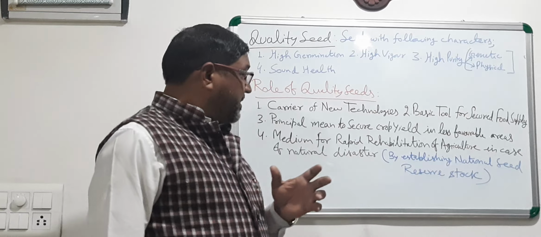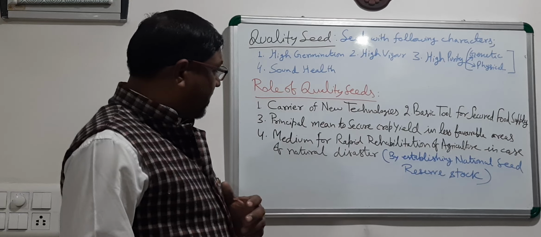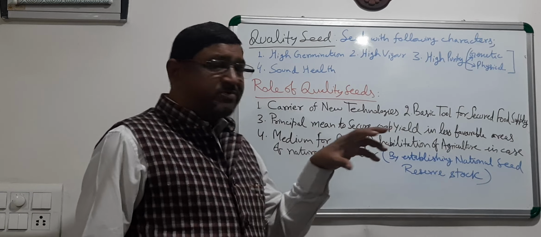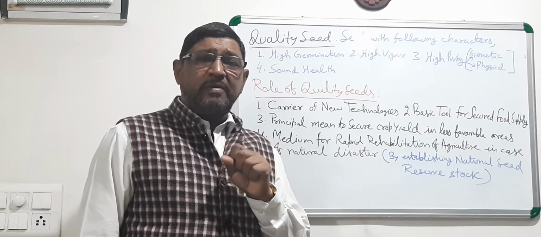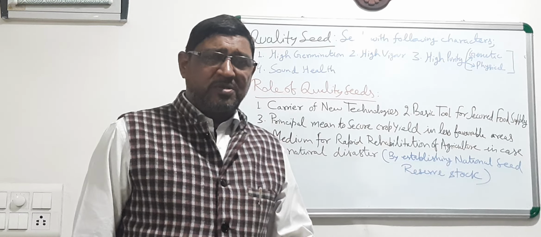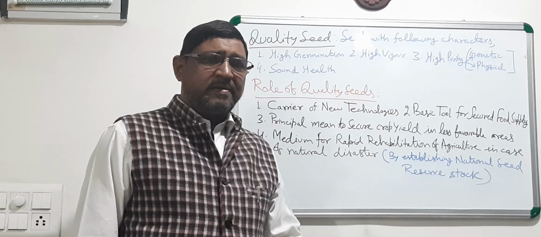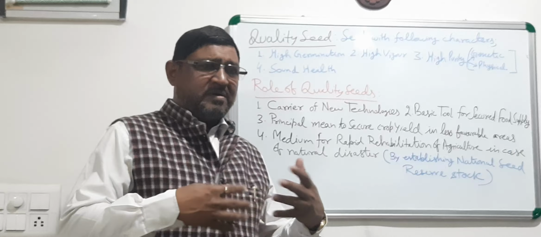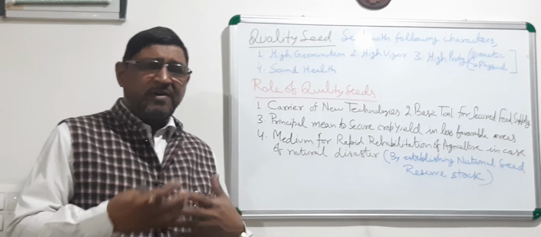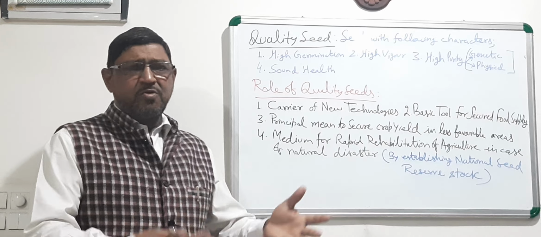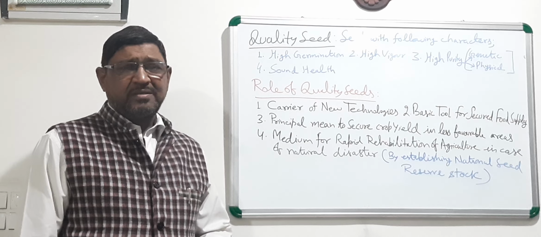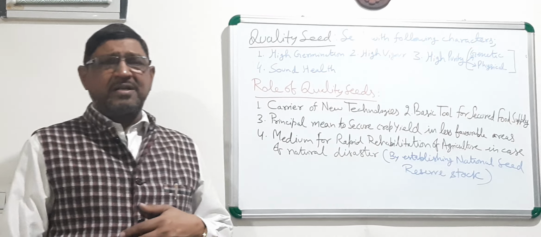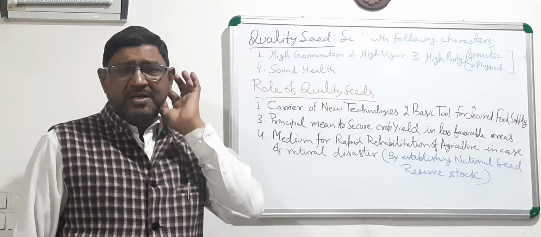And the other thing you can see is that less favorable areas means areas where the occurrence of flood is more recurrent, or where the occurrence of drought is more recurrent.